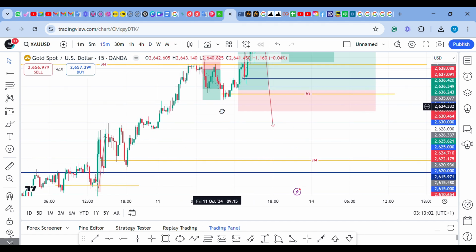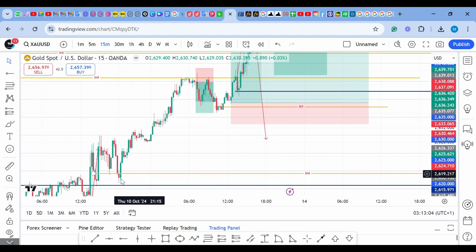Now, the trailing stop. If you enter here, your stop loss was here, so you set it on your MT4 or MT5 on your computer. It's only on your computer, it's not available on your phone.